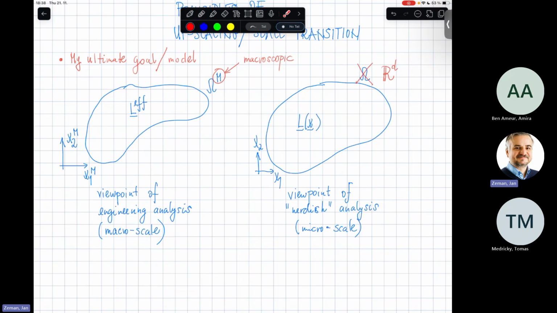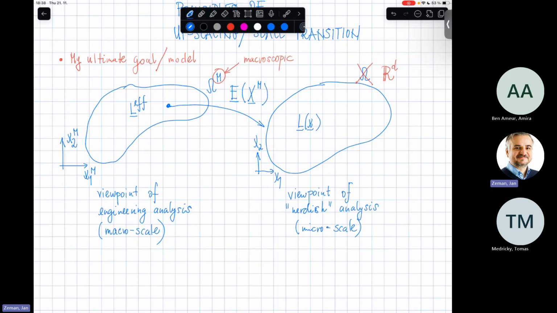So now the thing is that I need to make these two viewpoints somewhat coherent. If I have just some macro scale problem, what I would like to get from my microscopic problem is nothing else than to be able to send here this capital E, which in my interpretation can only depend on this macro coordinate, right?